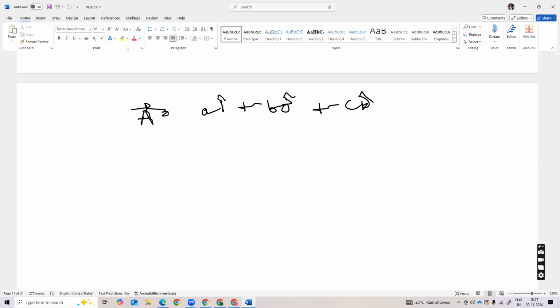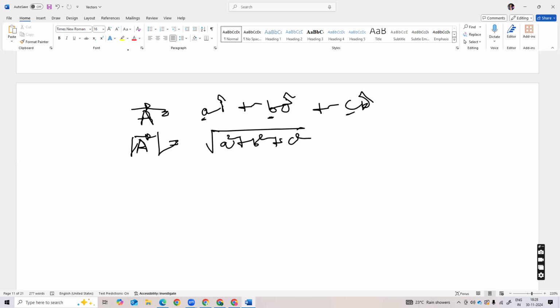In this case the magnitude of vector A will be the square root of a square plus b square plus c square. The magnitude of its component along the x-axis is a, along the y-axis is b, and along the z-axis is c.